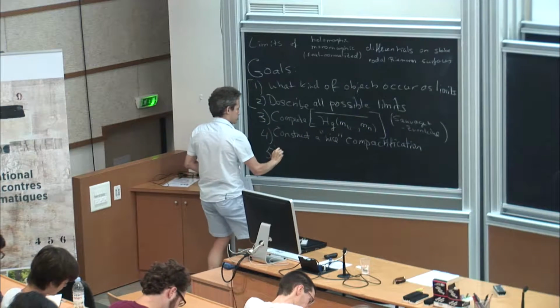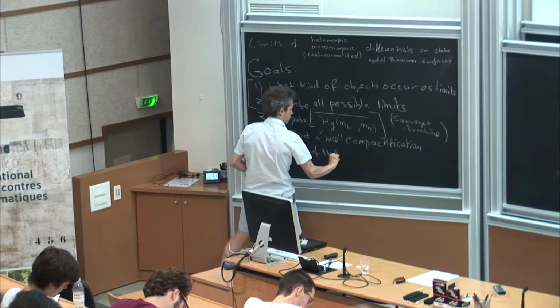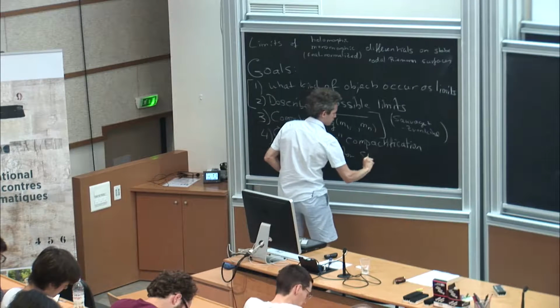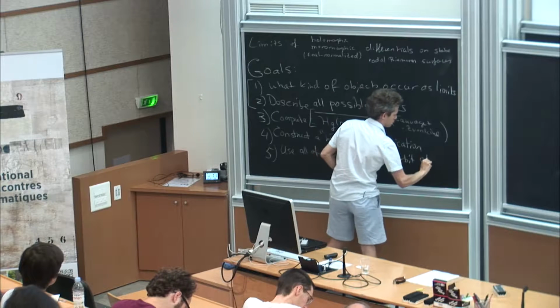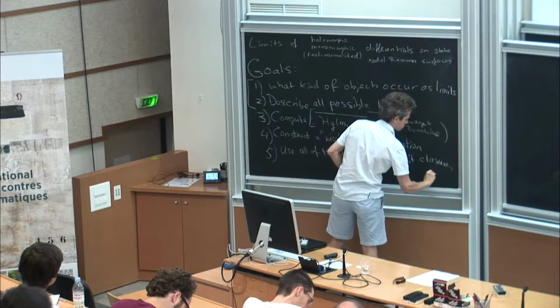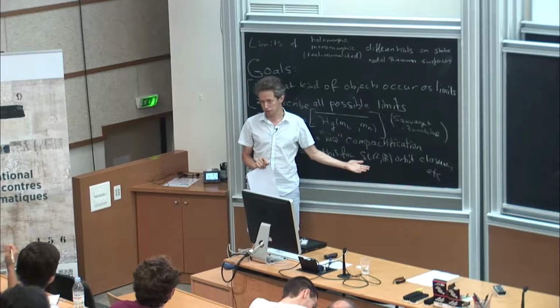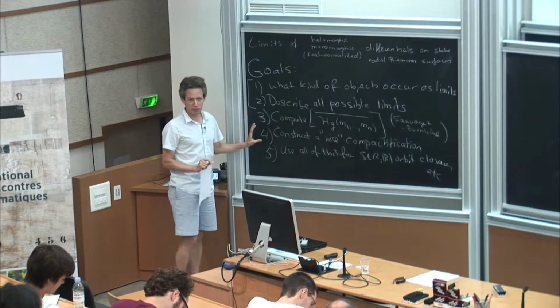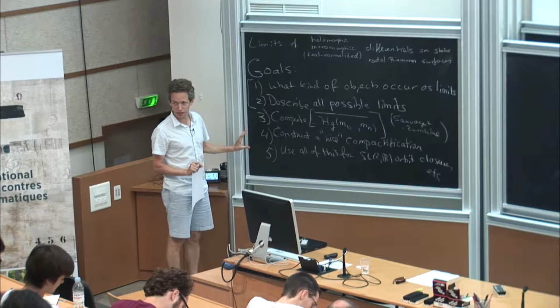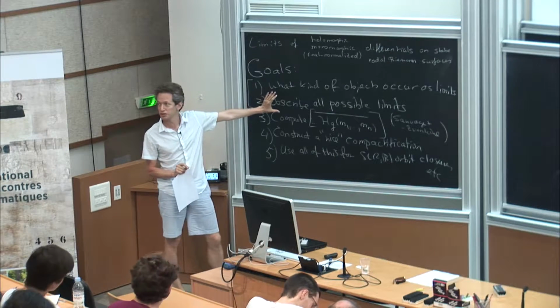Number 5 would be to use all of this for orbit closures, etc. And I'm afraid this is the only place in my talk where you will see the SL2R. This is the entire dynamical content you will have. But hopefully, you may already be convinced, and if not, I'm happy to convince you privately, but not in public, that this may be useful.